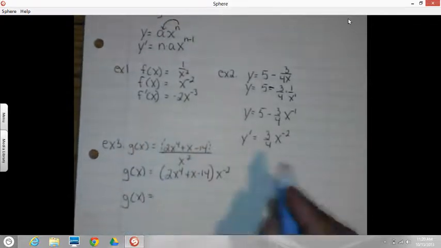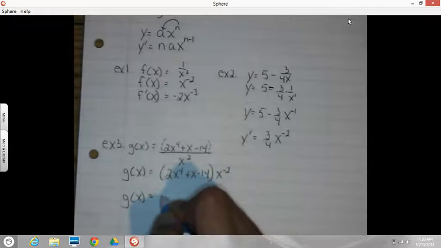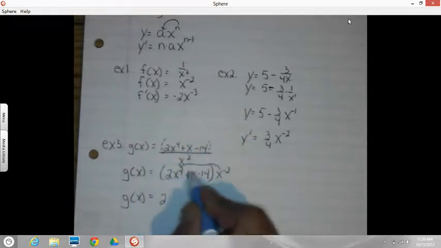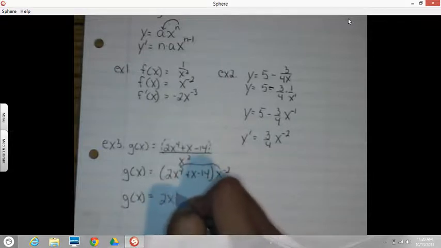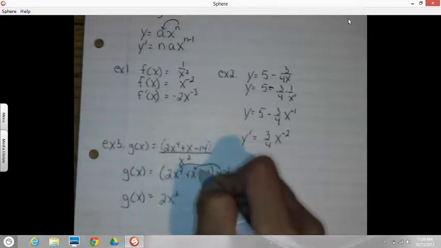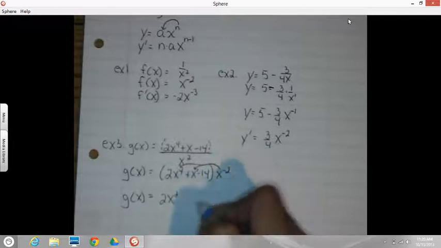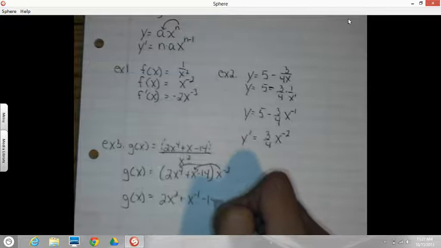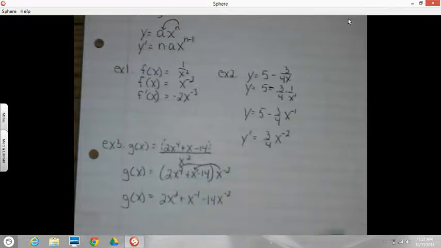So distributing in, I'll get 2, and when you multiply you add exponents, so 4 plus a negative 2 is 2. This is x to the first, adding a negative 2, you get x to the negative 1, and then minus 14 x to the negative 2.